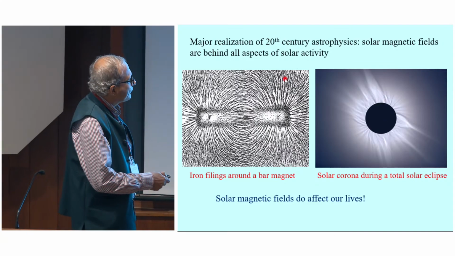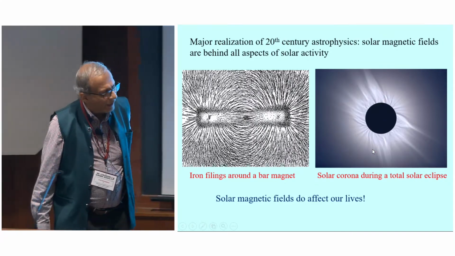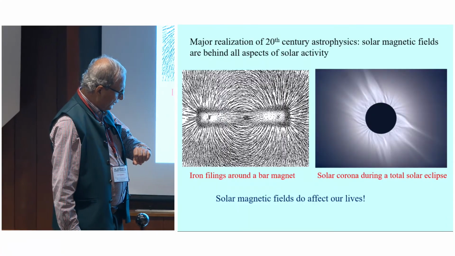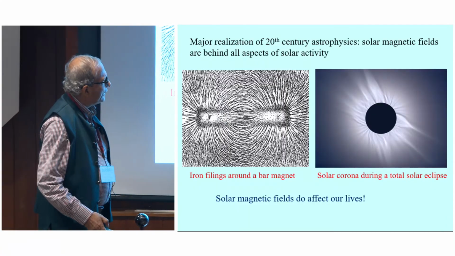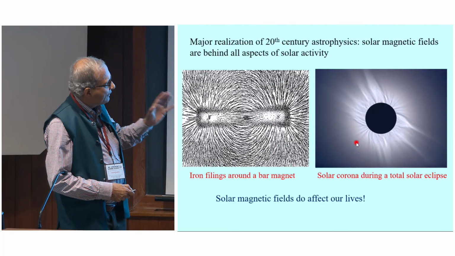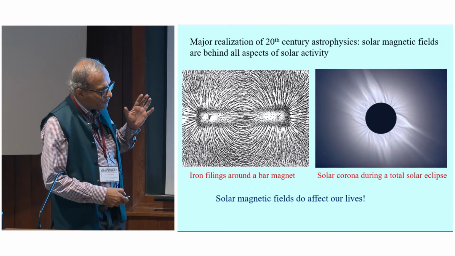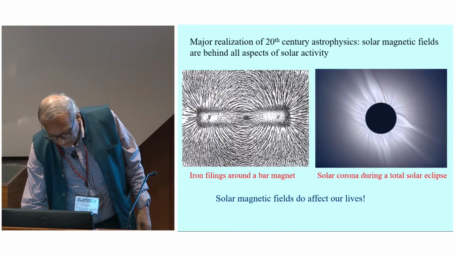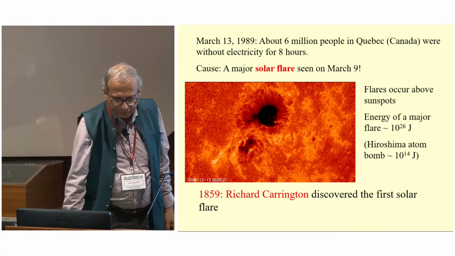Looking at this photograph, you may think that the solar magnetic field is something so beautiful that we would like to study it, even if there are no practical benefits from it. But I first want to tell you that there are also some very practical reasons why we should study the solar magnetic field.